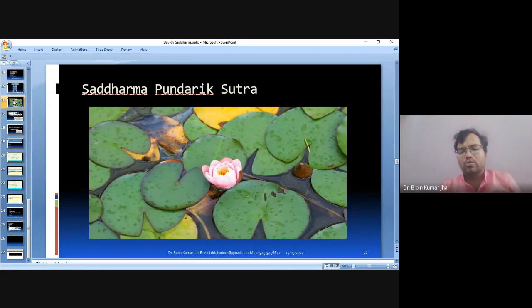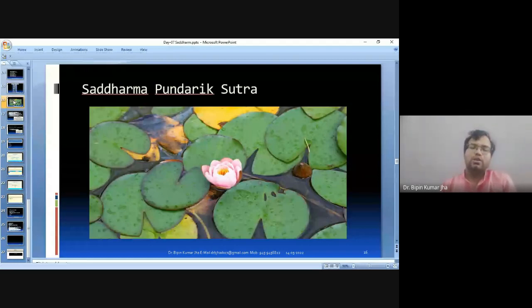It is orally transmitted, and when it is compiled, that is called a sutra, or in Pali, sutta. So either you say Lotus Sutta, or you say Saddharma Pundarika Sutra.